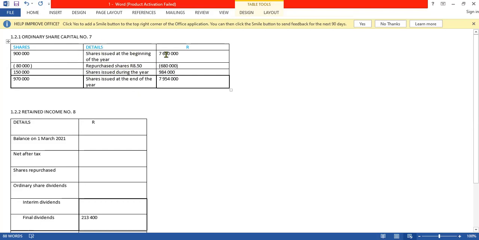So now that we have finished preparing our note, as I told you, this is not difficult, guys. This is simple. What you have to do is to read the information and apply the method or the methods that you know on how to calculate all these things. So this must be the marks that you collect, guys.